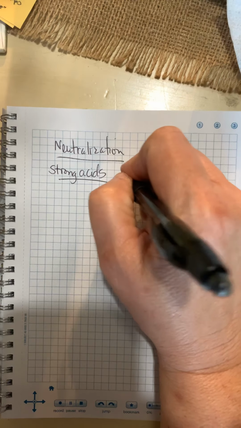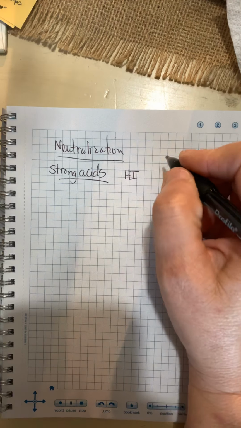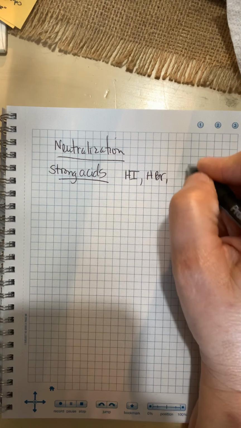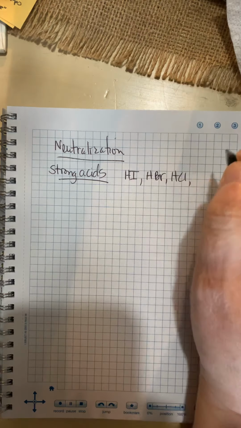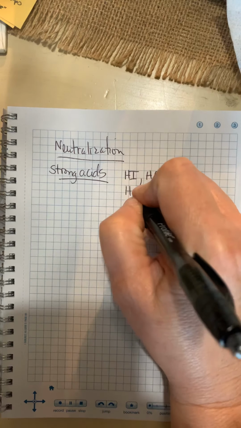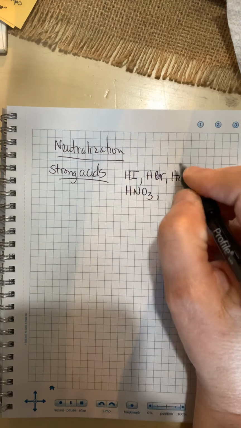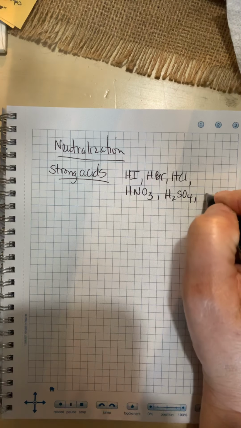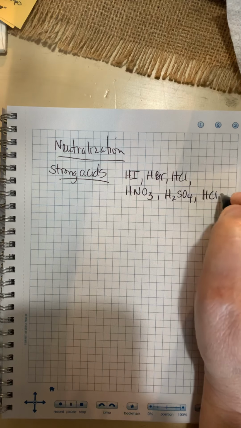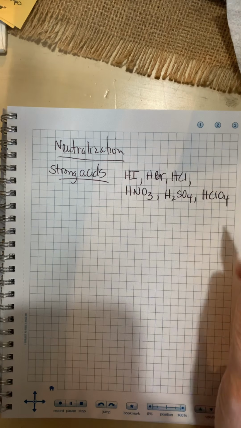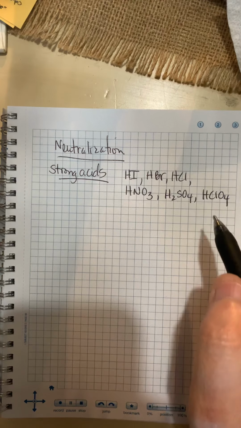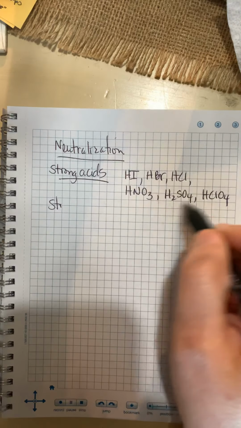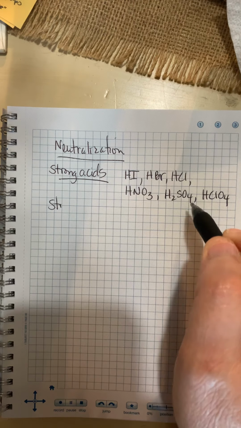They are hydroiodic acid, HI, hydrobromic acid, HBr, hydrochloric acid, HCl, nitric acid, which is HNO3, sulfuric acid, H2SO4, and finally perchloric acid, which is HClO4. So those are the 6 strong acids. If it's not one of those 6, it's considered to be a weak acid.